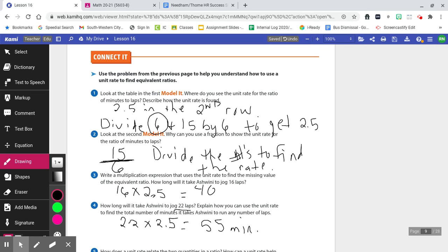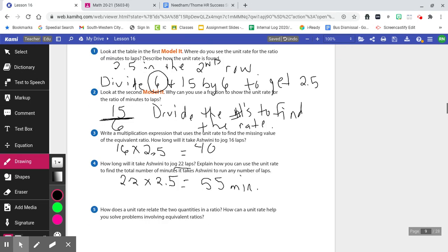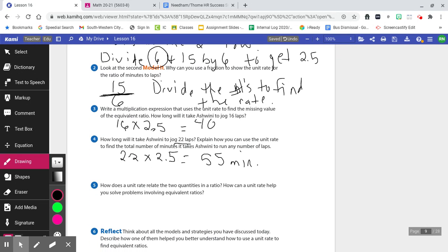So therefore, once I found that unit rate, I could figure out no matter how many laps it is, I would just multiply, which kind of answers number 5. How does a unit rate relate the two quantities in a ratio? How can a unit rate help you solve the problems involving equivalent ratios? So a unit rate is a factor that relates the two quantities in a ratio. You can multiply or divide by a unit rate to find the missing value of an equivalent ratio.